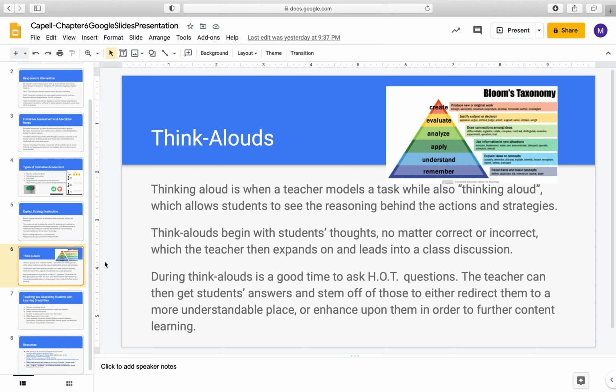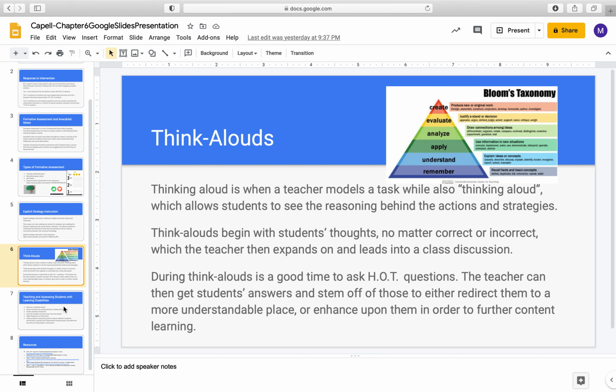So the teacher can ask a question, a student will answer, and then even if it's incorrect, the teacher will expand on that, ask more leading questions that will push the class into a different direction, and then the class can discuss what was going on there. And this is a good time to ask higher order thinking questions as well, because of the class discussion, because you're seeing reasoning behind actions and strategies.